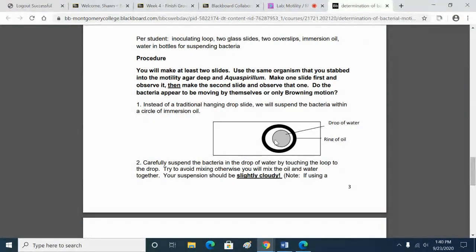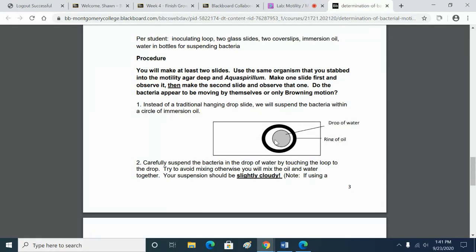Now, when you make your slide this way, you do need to make it quickly. One reason is that oil spreads out, and you want the oil ring to be high when you put the cover slip on, because sometimes the water will simply travel over the oil ring and leak out. So you have a leak, and then everything is just moving towards the direction of the leak.